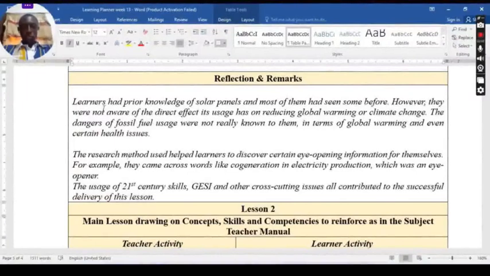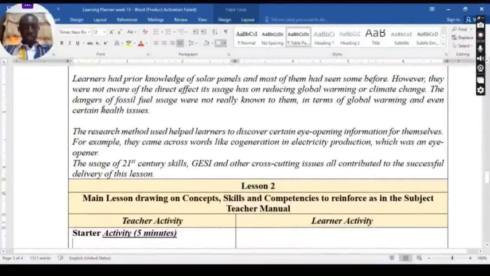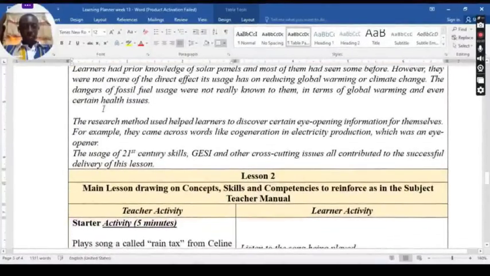Learners had prior knowledge of solar panels, and most of them had seen some before. However, they were not aware of the direct effect its usage has on reducing global warming or climate change. The dangers of fossil fuel usage were not really known to them in terms of global warming and even certain health issues. I hope you are getting the picture of how reflection is written.